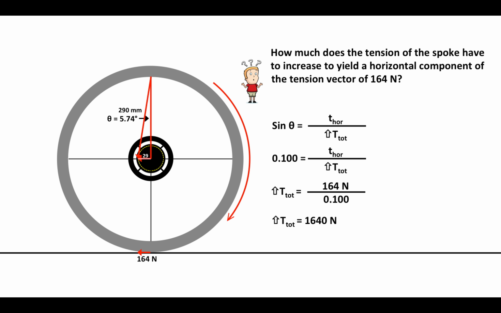But if I have a hole-to-hole diameter of 58 millimeters or radius of 29, then my angle is larger. Theta is 5.74 degrees instead, and so I have a better angle at which to pull the rim backwards, and the total tension does not increase by as much.